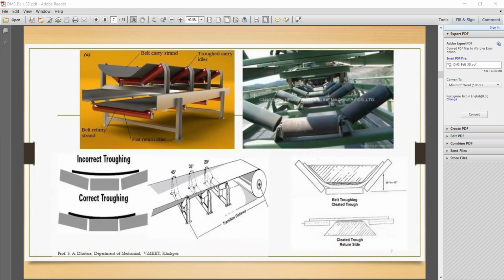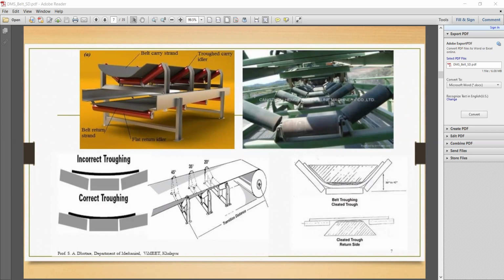It has some limitations. A troughed belt conveyor cannot adapt to the normal contour of the ground, so you need a flat surface on which to mount it.